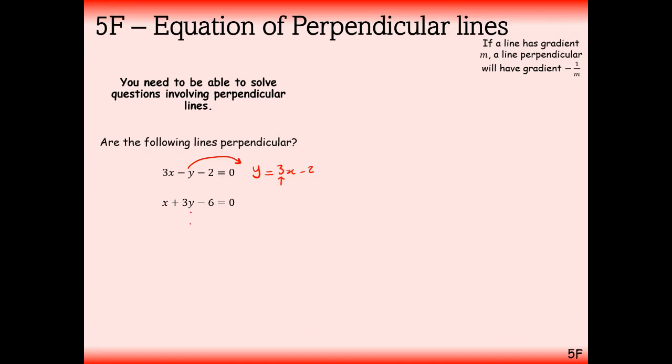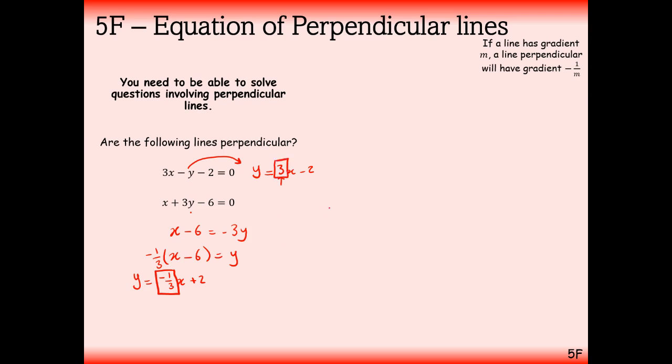Let's find the gradient of the other line. Take away 3y from both sides, so I have a negative 3y here, and then divide by minus 3. That means I have a 1/3 in front of x minus 6 equal to y. Multiplying out the bracket, I get negative a third x plus 2. So y is this, and I'm comparing this gradient to the other gradient.